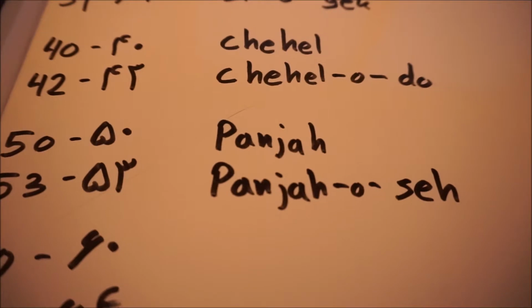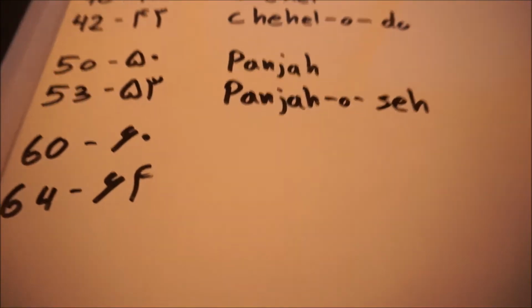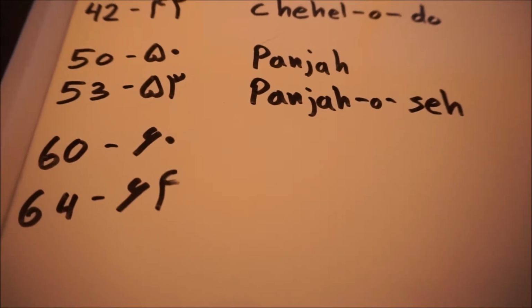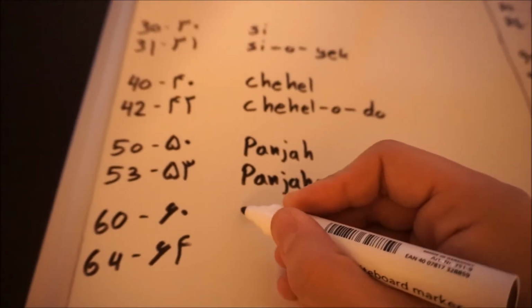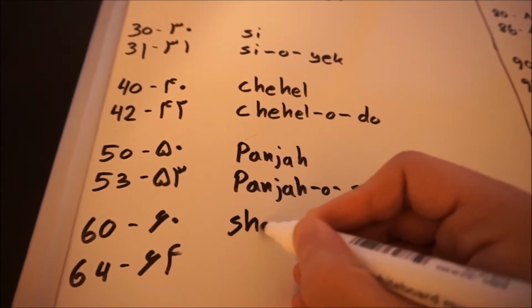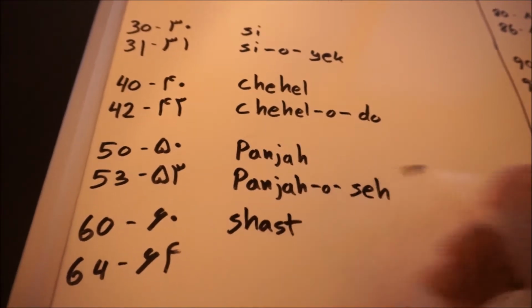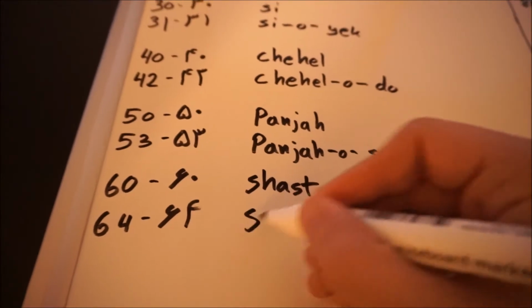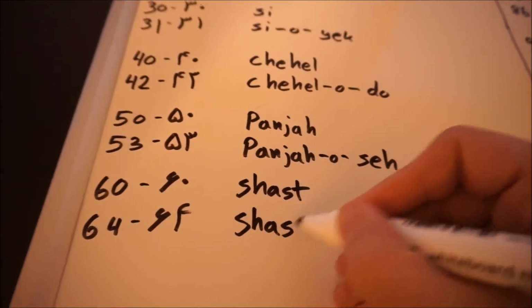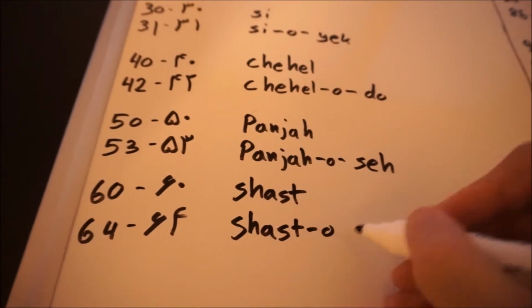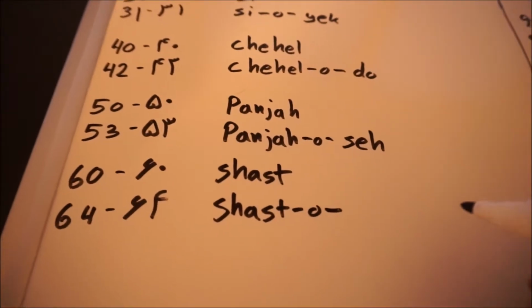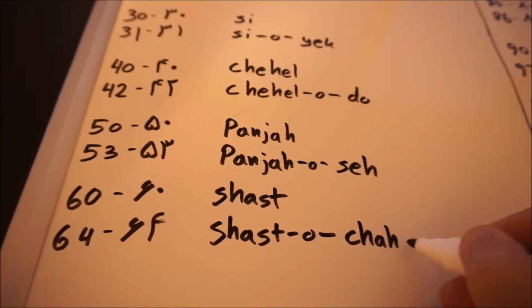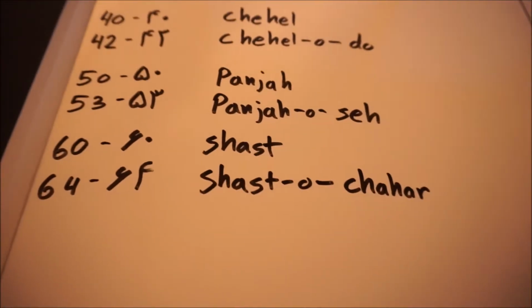And then we get to 60. And the word for 60 is shast. And then if we want to do 64, it's again shast because it's the 10, o because it's "and", and the word for 4, which we know is chahar. So shast o chahar.